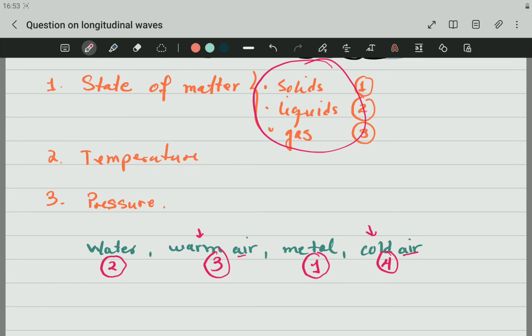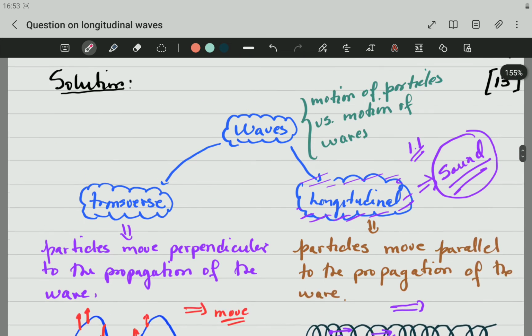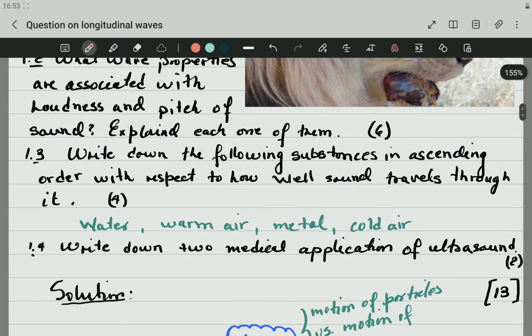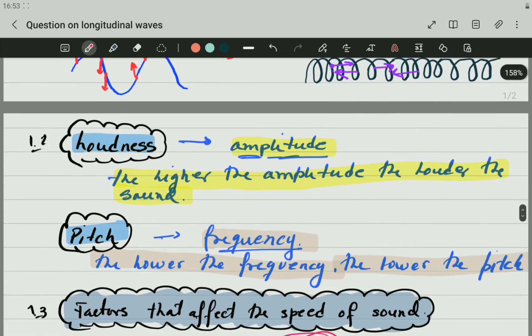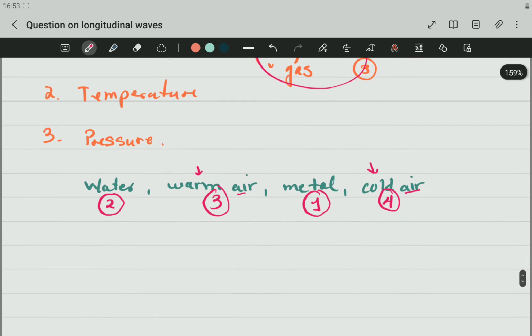And then the final question is an application in terms of ultrasound. Write down 2 medical applications of ultrasound. Now remember, ultrasounds are sound waves which have frequencies greater than 20,000 Hz. We cannot hear sounds with that frequency. And this is not in terms of loudness, not how loud, it's in terms of frequency.